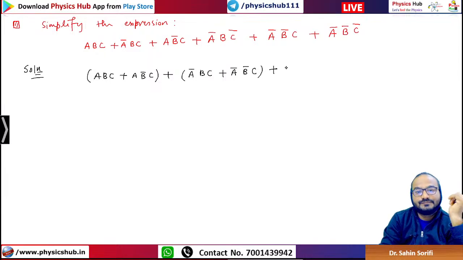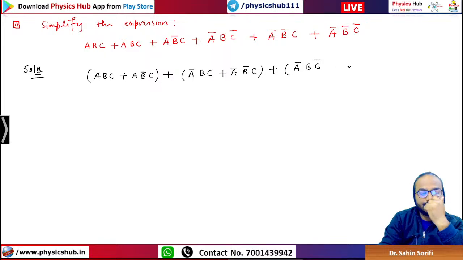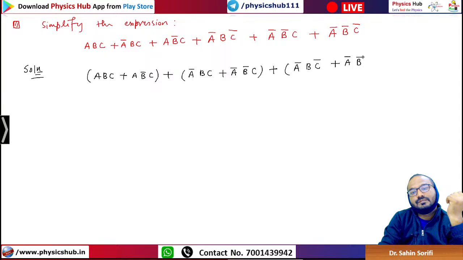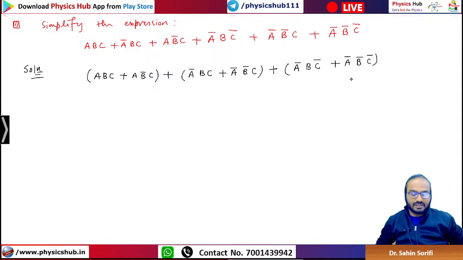Okay. Next, what we have? A complement B complement plus A complement B complement. Can you write it in this way?